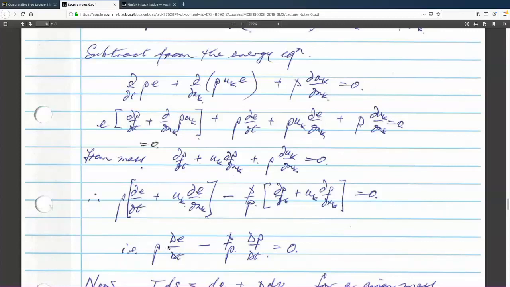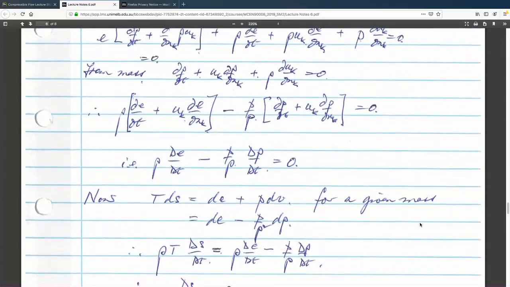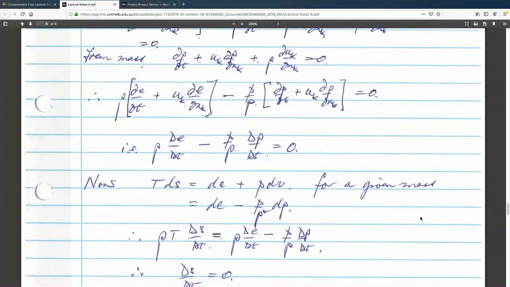So this is rho dE/dt, and this is d rho/dt following a particle, minus p over rho d rho/dt equals 0. But now I come back to my thermodynamics and the thermodynamic identity.